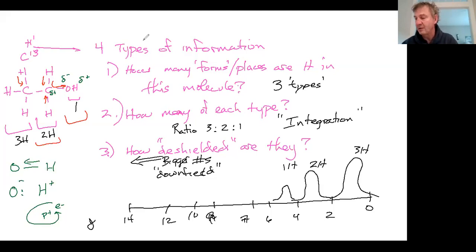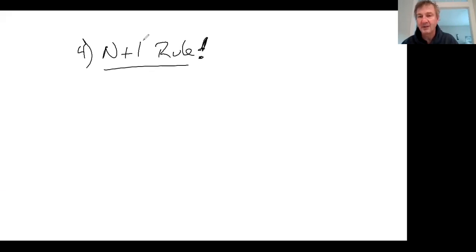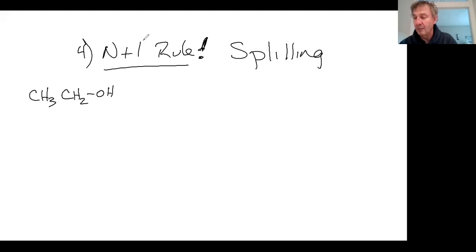Now, one more thing to talk about, and that is number 4, the N+1 rule. Let's take the protons of the ethanol molecule here. What the N+1 rule has to do with is the splitting of a signal.